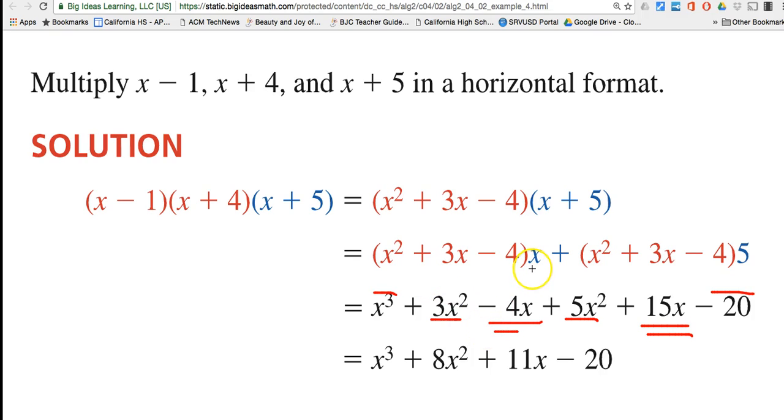So when you're doing the multiplication, write out every single term and then go through, like I just did, and try to underline the ones that are similar to each other, so that when you get your final product, you can see exactly which terms you're combining to get your final expression.